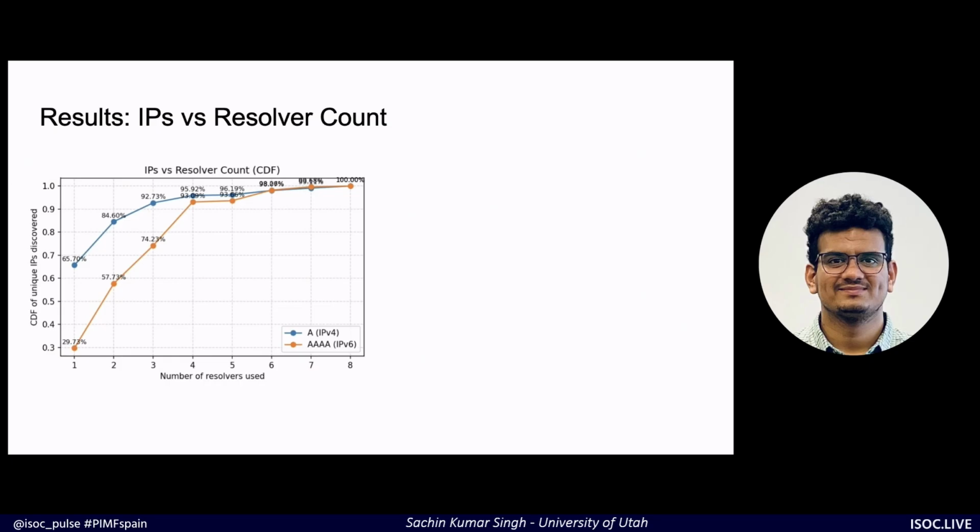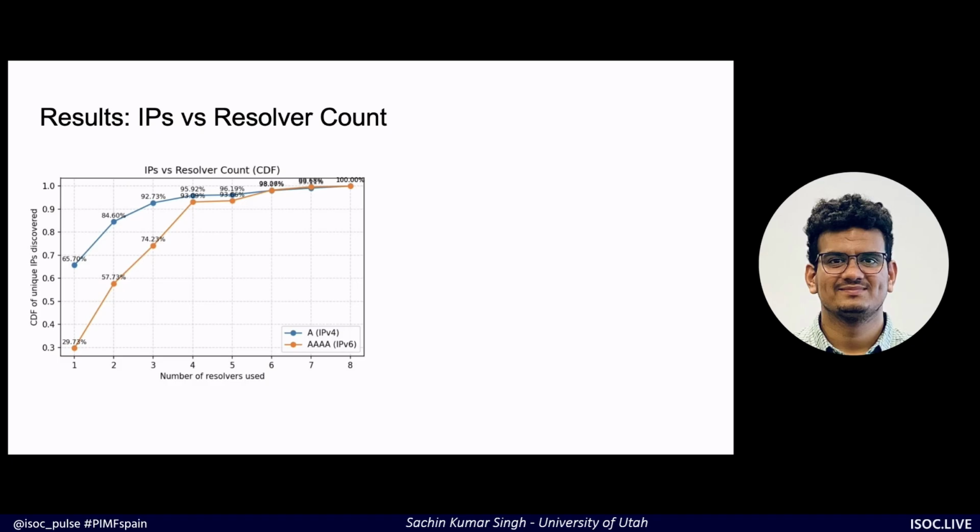As you can see, 66% of the IPv4 addresses we got from only one resolver, and we got 30% of the IPv6 addresses with one resolver. By resolver 3, we see a significant jump, 93% of IPv4 addresses and 74% of IPv6 addresses. And by resolver 4, these numbers reach around 95%.